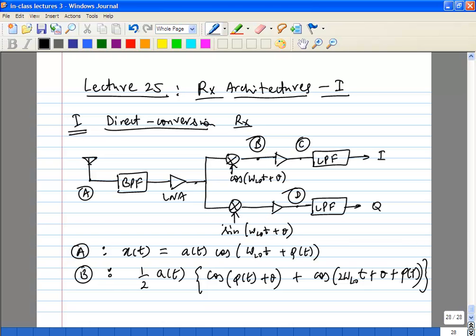For now we'll assume that theta is 0. I'll tell you why we have theta there. So for now let's just assume theta is 0. That's what we have actually been assuming so far anyway.